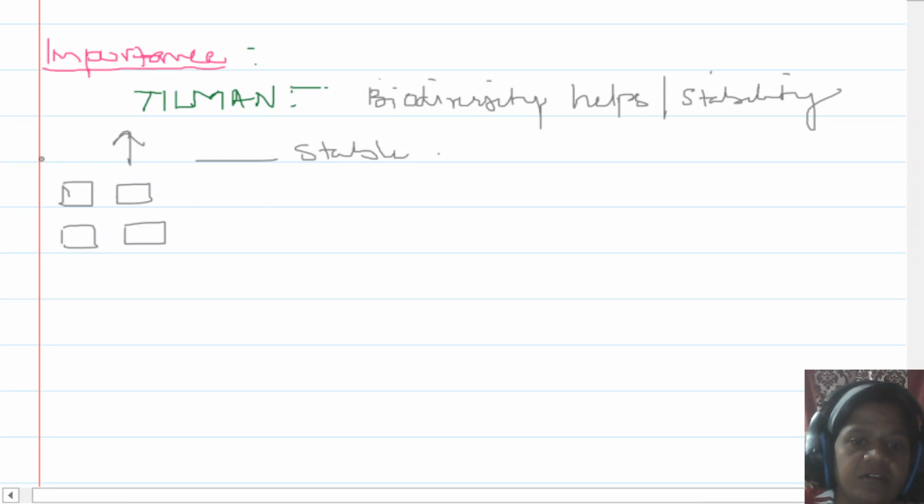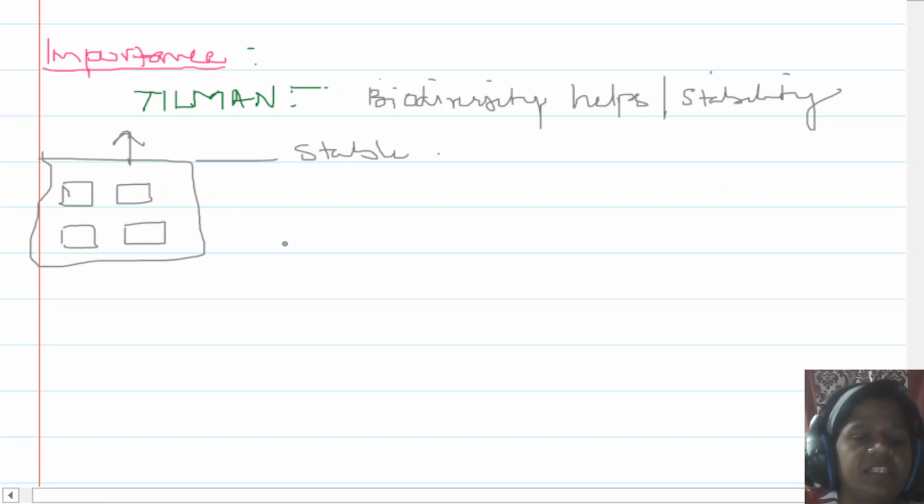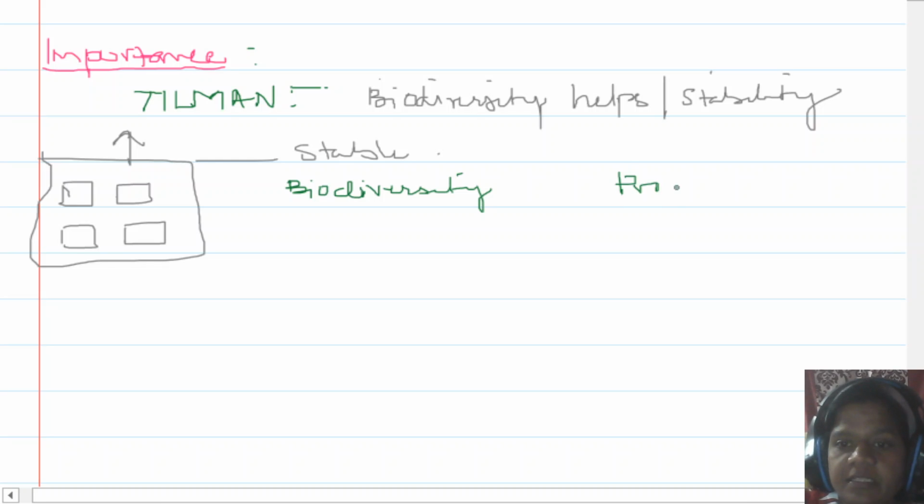So it's on a large scale. Okay? And what he did was he changed the variety of species in the different plots. There are two things that he found out when it comes to the variety of the species and the productivity, the relationship between biodiversity and the productivity.